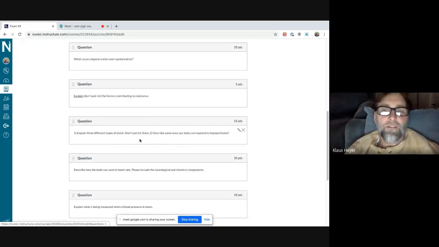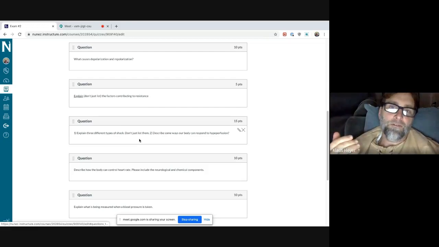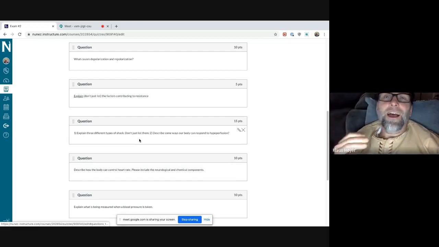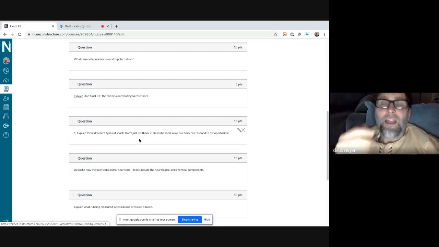I asked you here to explain three different types of shock. There were four from the slide. I didn't want you to just put it. I wanted you to say something as simple as, for example, cardiogenic: you have poor heart function. I know you're thinking, that's what cardiogenic is, why should I put poor heart function?